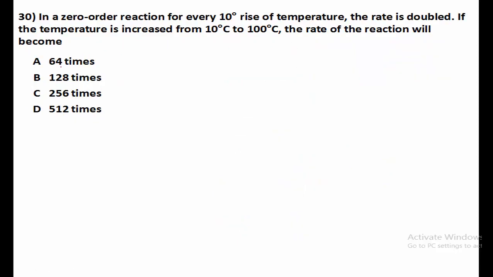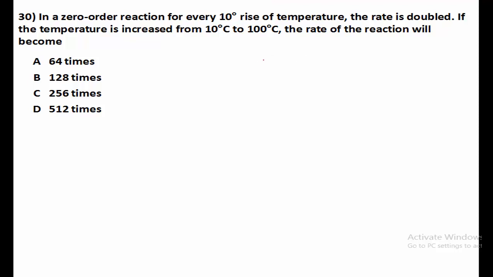30. In a zero order reaction, for every 10-degree rise of temperature, the rate is doubled. If the temperature is increased from 10 degrees Celsius to 100 degrees Celsius, the rate of the reaction will become... So how much will it become?